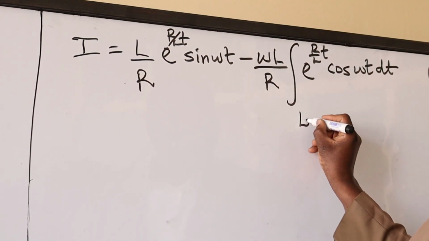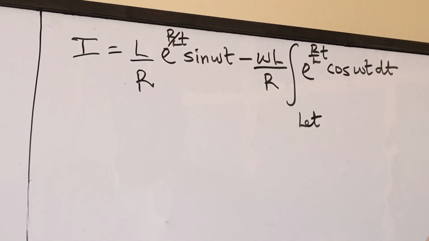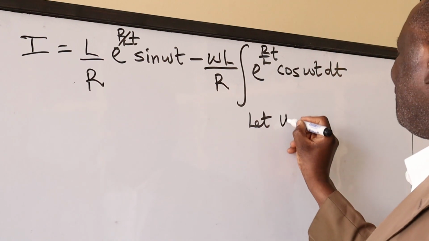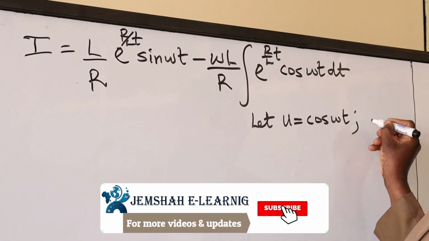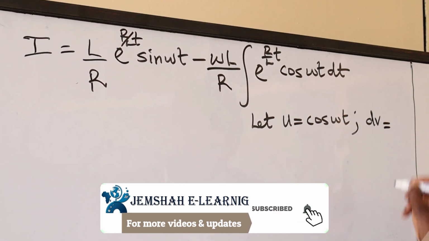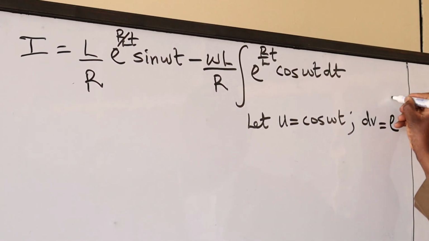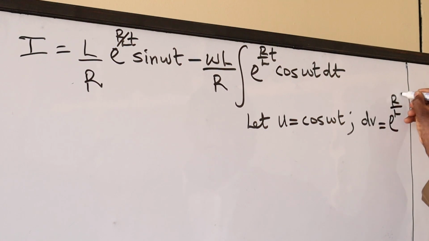Here again we say let u be equal to cos omega t, and let our dv be equal to exponential R all over L t.